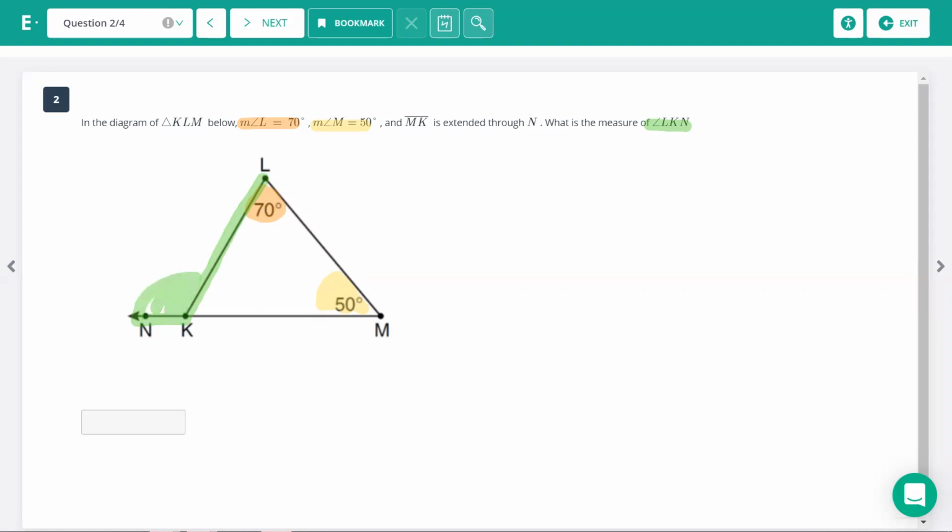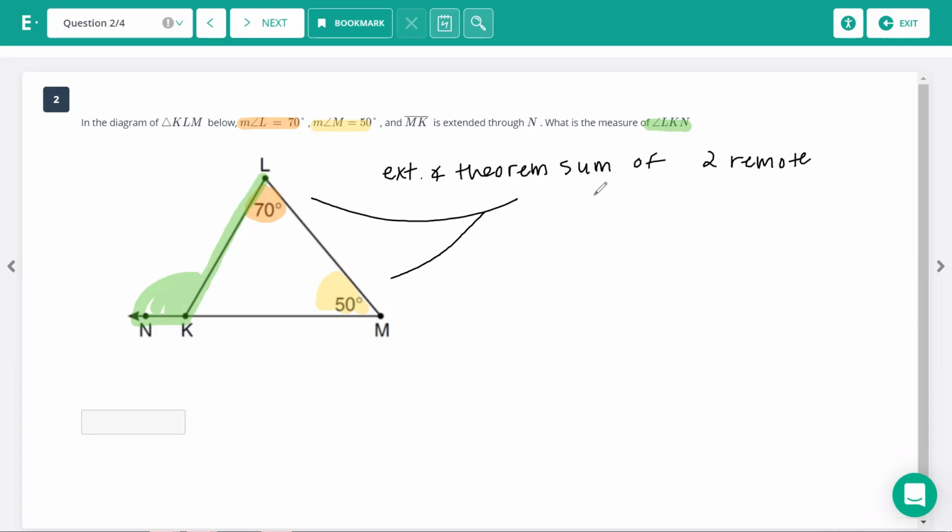Remember back to our exterior angle theorem, which says the sum of our two remote interior angles equals the measure of your exterior angle.